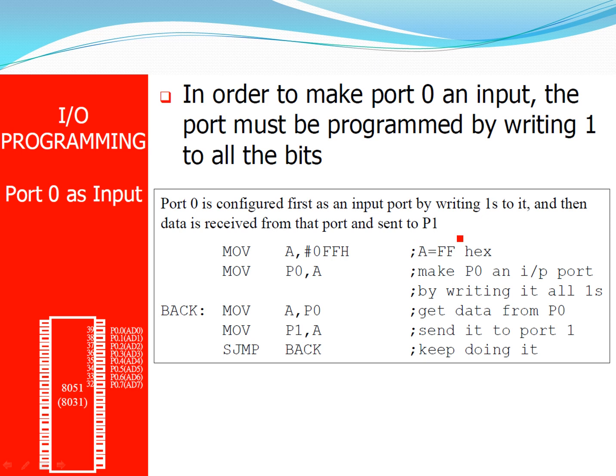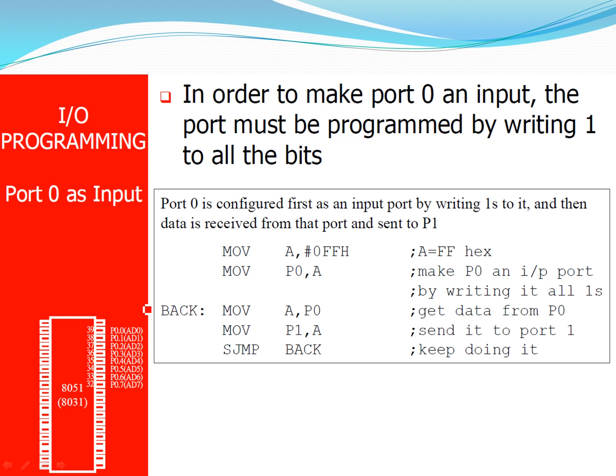So here we have to receive the data from port 0 and send the received data to port 1. That means now you have to configure port 0 as an input port and port 1 as an output port.